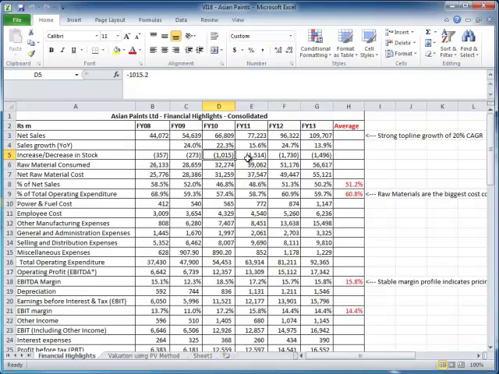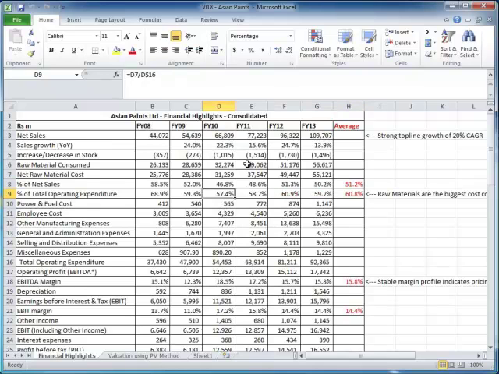Then we have increase or decrease in stock, then raw materials consumed, then net raw material cost, which is simply the sum of those two numbers, and we have raw materials cost as a percentage of net sales. Here we can see that raw materials make up around half of total net sales on average. So this is quite large, right? It means that half the company's revenues essentially go towards paying raw material costs.